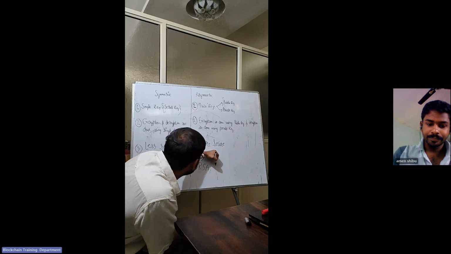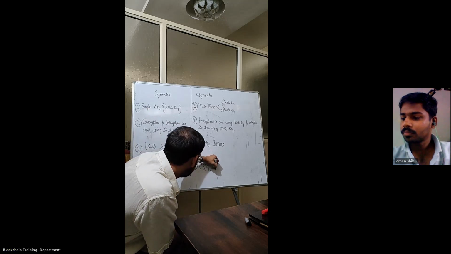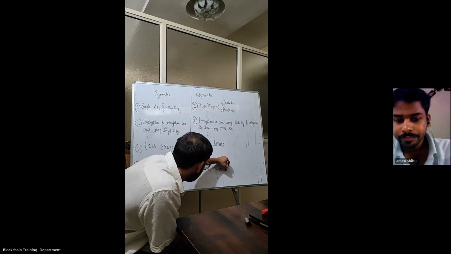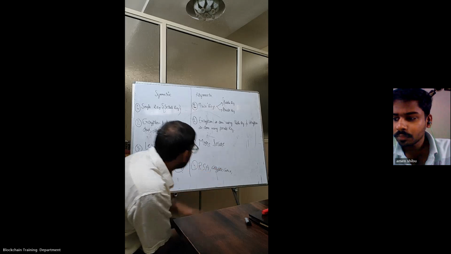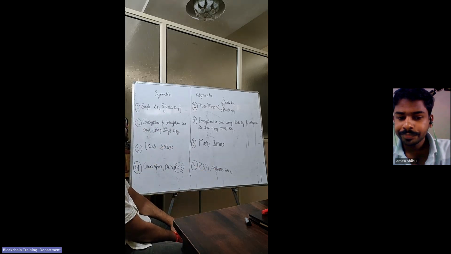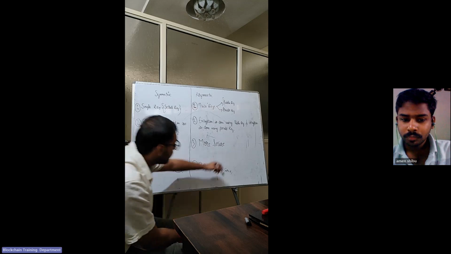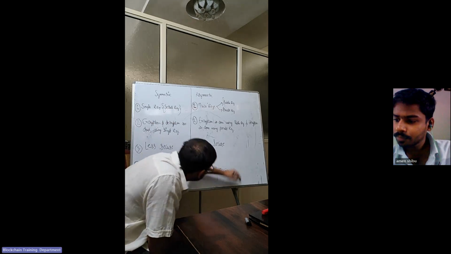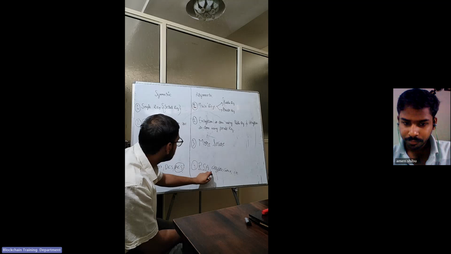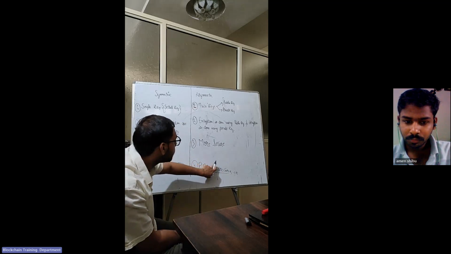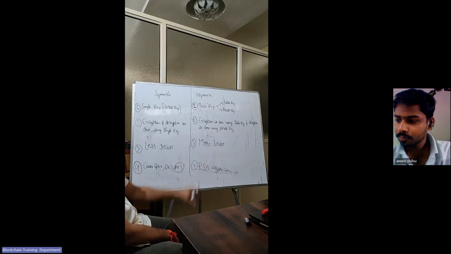We have elliptic curve. There are various others, but these are the most important because they are widely used in blockchain technology. RSA and elliptic curve. Write it down.